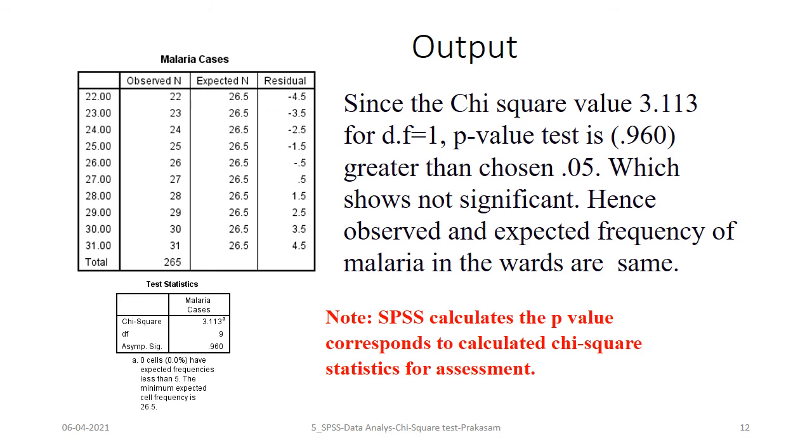We need not go to any statistical tables to look at the chi-square tables, because SPSS will directly calculate that. From that, it shows that it is not significant. Hence, the observed and expected frequency of malaria in these wards are the same. I would like to again specify here that SPSS calculates the p-value corresponding to the calculated chi-square statistic for assessment. That is the most important point here.